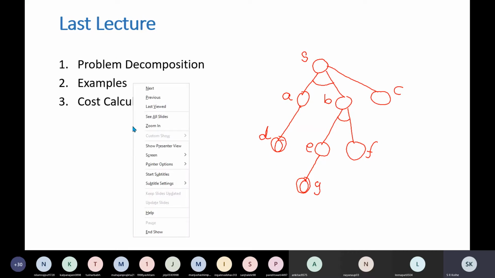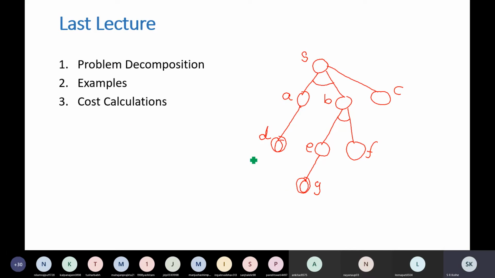Now let us understand how labeling will take place. Somehow at some time you will reach node D. So the algorithm says to label this D as solved. So I will label this D node as a solved node. Because of that, node A will become solved because this is OR, right?